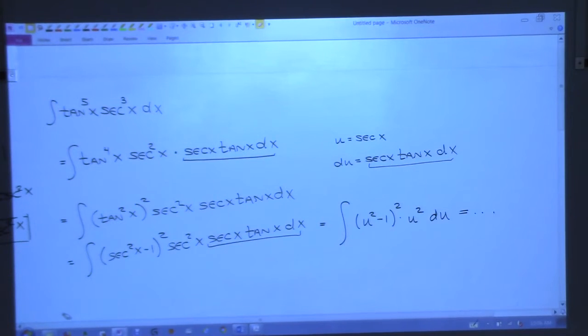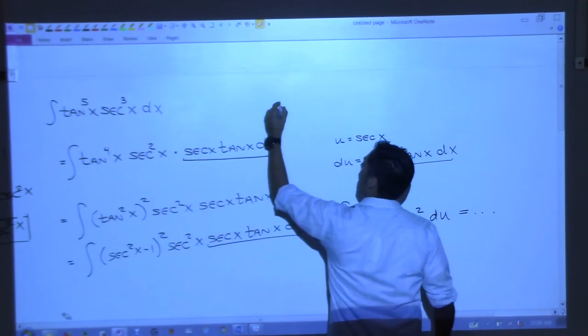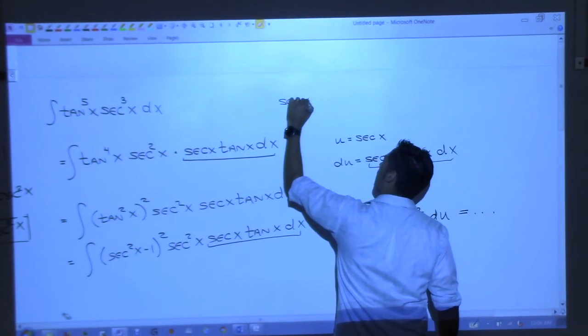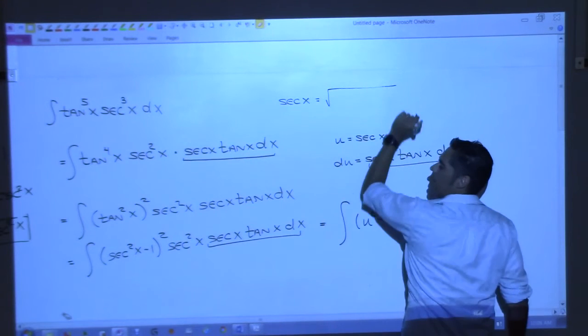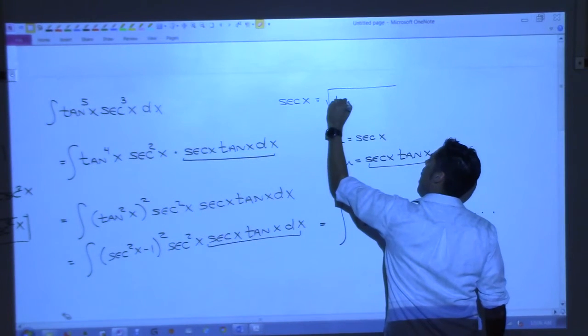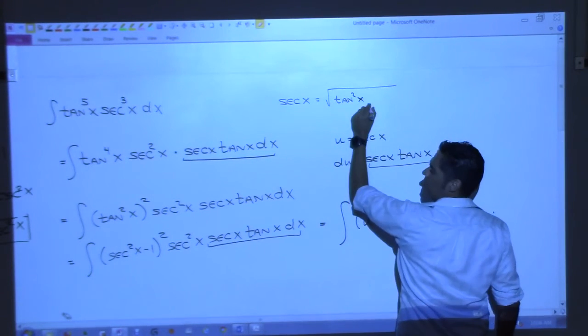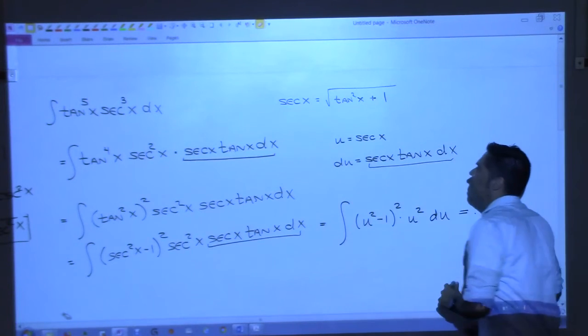No, because actually what you're doing is reverse engineering a problem that's coming, okay? Because you're going to have a square root of something with something squared in there. Think about that. If you wanted to know what secant x was, it's the square root of tangent squared x plus 1, right? Yes?